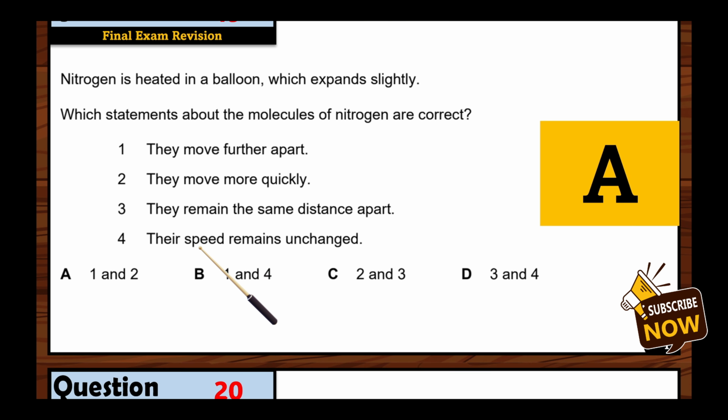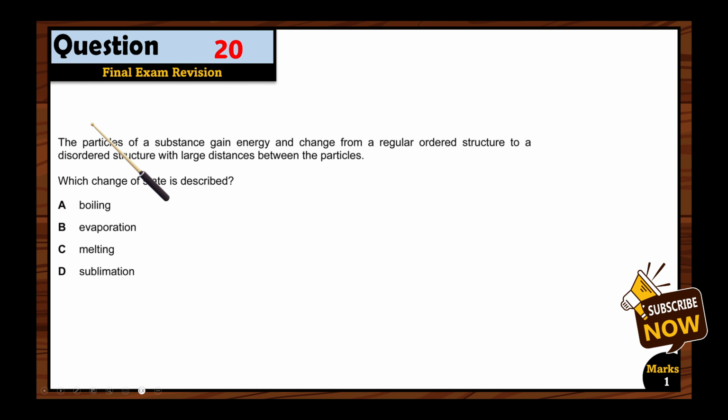Now let's see question number 20. The particles of a substance gain energy and change from a regular ordered structure to a disordered structure. Regular ordered structure, we already know which structure this is. This is actually a solid, right? And then it is converted into a disordered structure with large distances between the particles. So which change of state is described here?